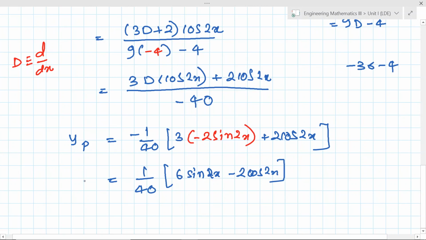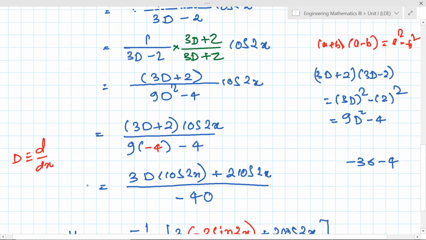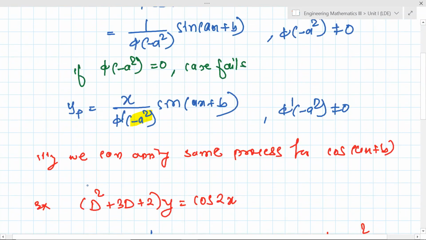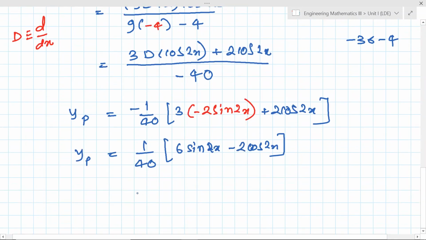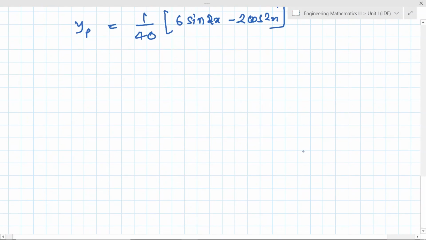So that's it. This is my yp for this. It is very simple in this case. But here we haven't seen the case of failure. In some examples the case may fail, and what we need to do in that case I will explain with the help of an example. Let us see that.